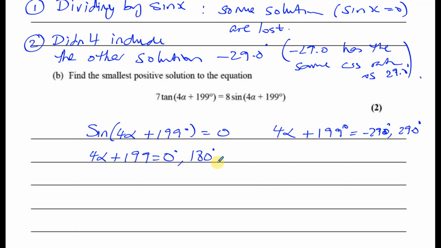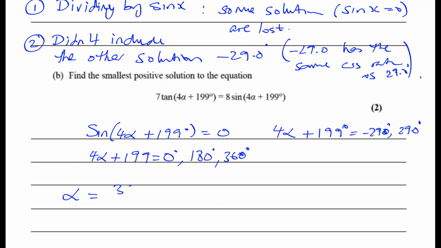So 0 plus 360 is 360. That's the next time the sine curve equals 0. I'm just trying to do it in a way that is consistent with the other angles so that you'll understand for other problems. Now this is going to give me a positive solution, 360 minus 199 over 4. That's the first positive solution in this particular part.